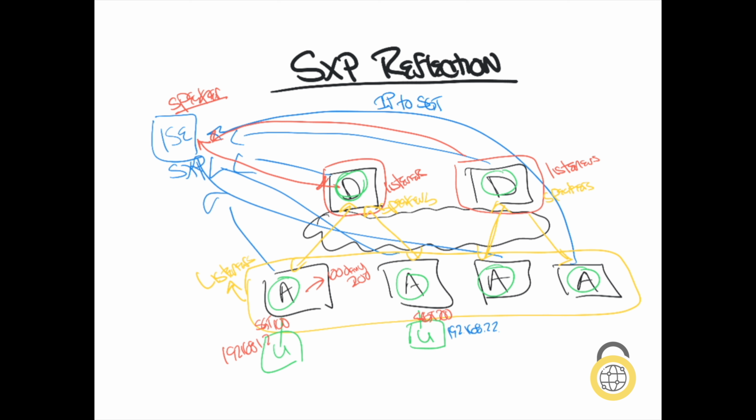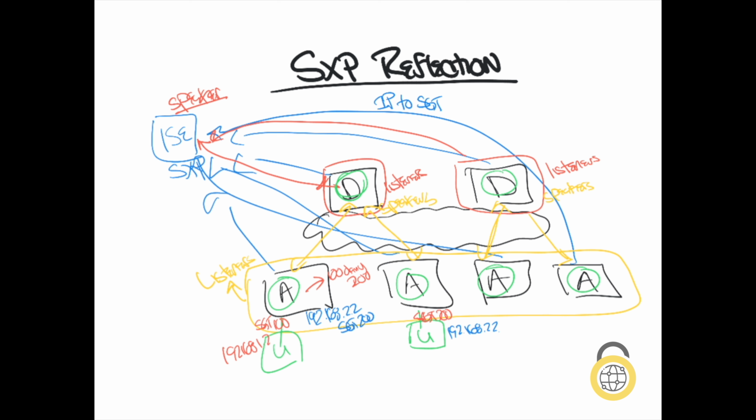This switch will know its local tag, which is that 192.168.1.2 is SGT tag 100, and now through SXP it will know that 192.168.2.2 is SGT 200, because the distro switches sent it down to the access switches.